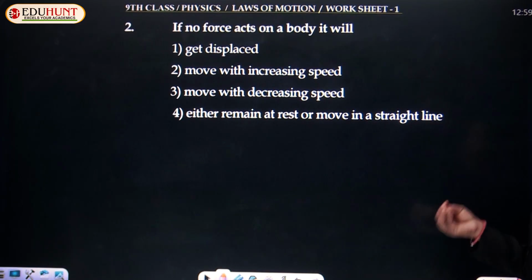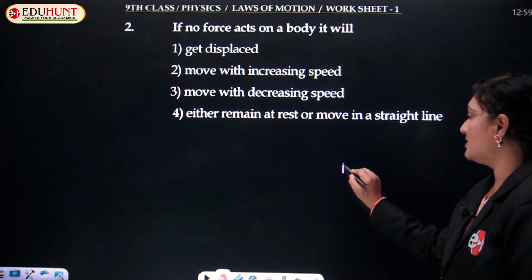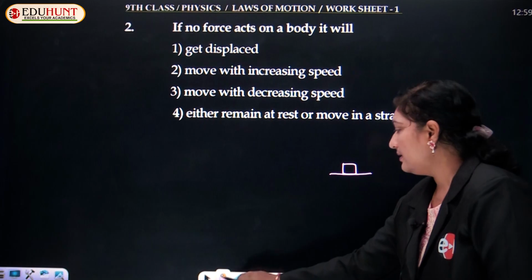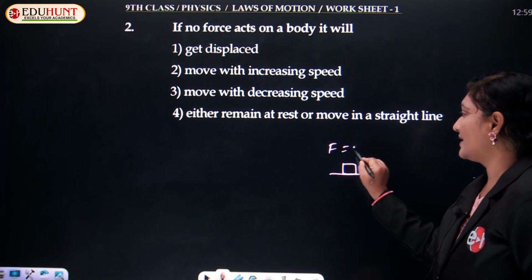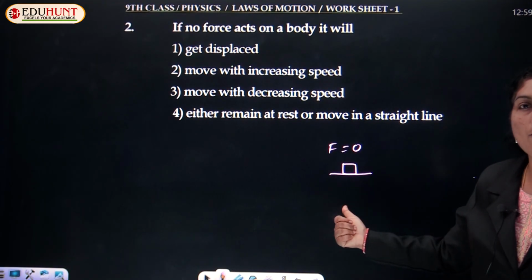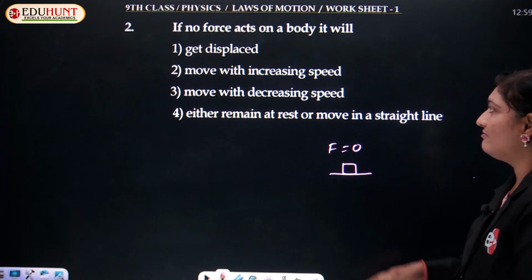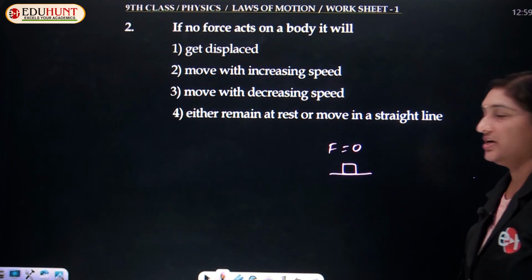Second one. If no force acts on a body, suppose you are given a body and no force is acting on it, the application of force is 0. Does the body move? The rest body will be in its rest condition.